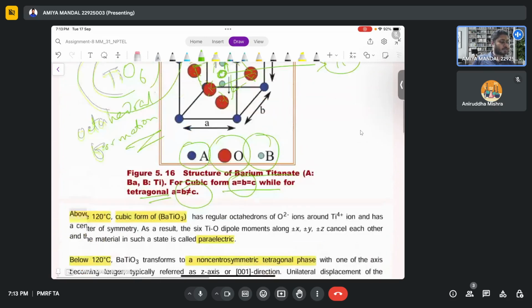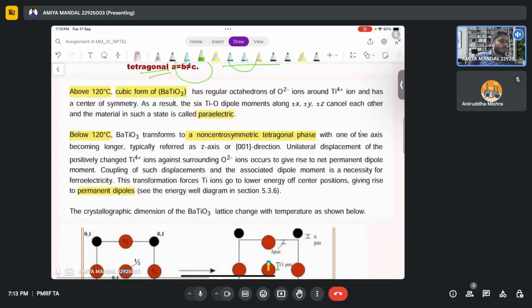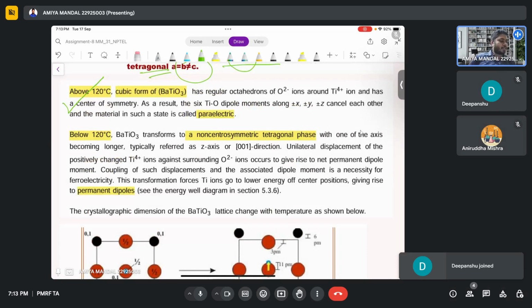This charge separation occurs with temperature. At 120 degrees centigrade and above, the cubic formation of barium titanate occurs, a paraelectric phase. Oxygen ions around the titanium ion form a regular octahedron with a center of symmetry.